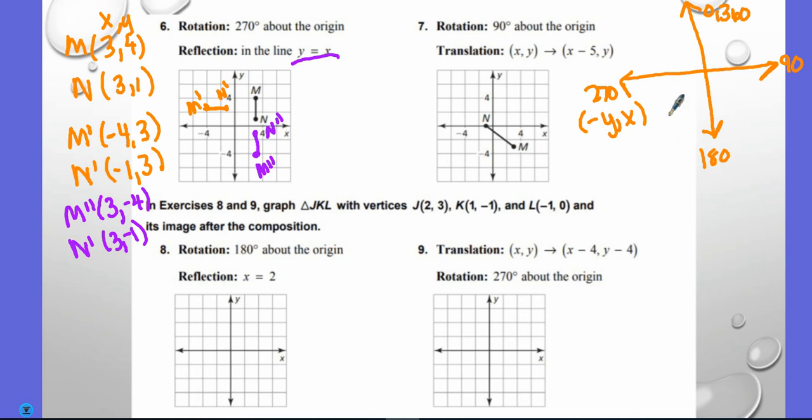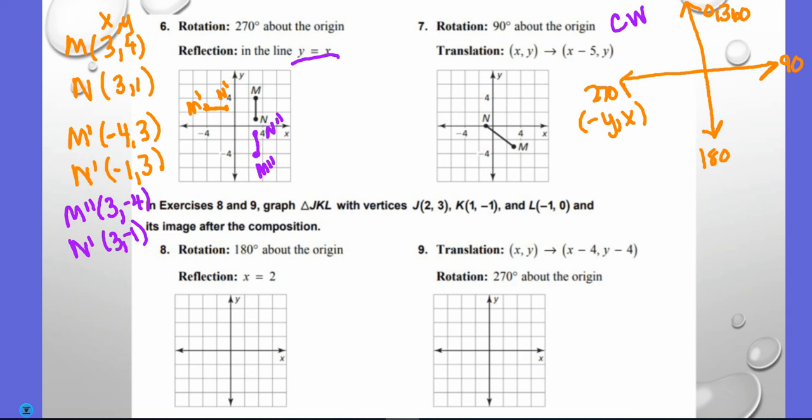You did it. Alright, so now we're going to go here where we're going to rotate 90 degrees about the origin. Again, guys, let me tell you, on any standardized test, they're going to tell you what direction to go in, so make sure you go in the right direction. Since they didn't tell me a direction here, I'm going to go clockwise. This one I went counterclockwise, and this one I'm going to go clockwise with, since it didn't tell me a direction.